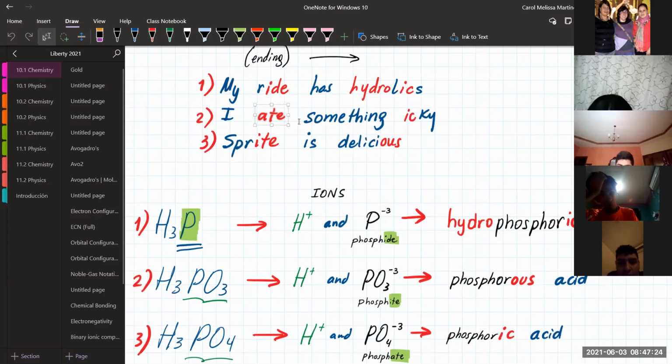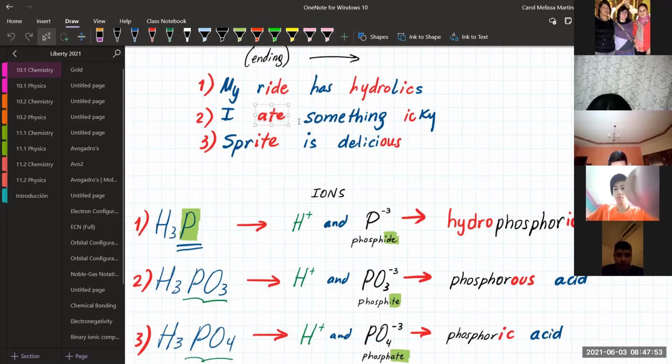Three ways to name very similar acids, but the formulas are different. So when I tell you that you need to send me your procedure to classroom, I meant this. Yes, I know that many of you can do this mentally. But as a teacher, that's what I check, the procedure.